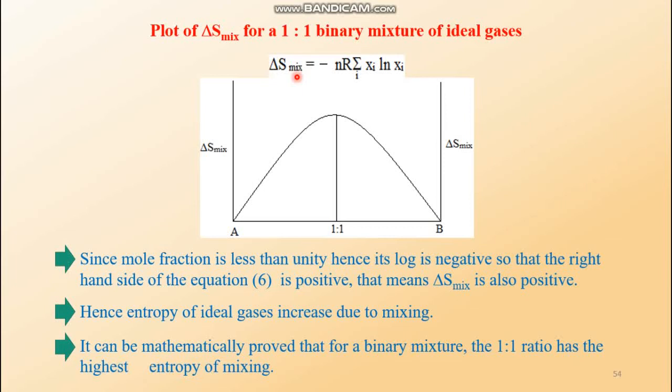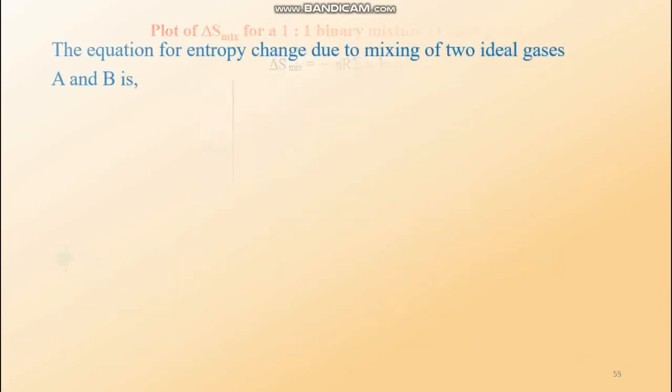So you will get the ratio. You will get the value of XA as half. So definitely XB would also be equal to half, because XA plus XB is always equal to 1. And if you double differentiate, you will find that this result is negative. That means it is a maximum. Okay, so let us proceed.